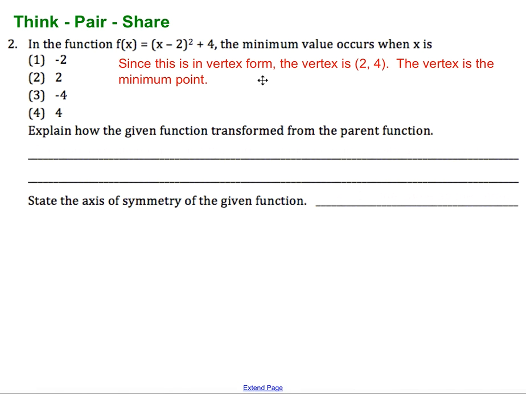Okay, but because it is in vertex form, and we should know it's in vertex form, the vertex is +2, +4. Okay, because you change the sign with the x and keep the sign outside. So this vertex is actually a minimum point because it's a positive in front, and you were to graph it.